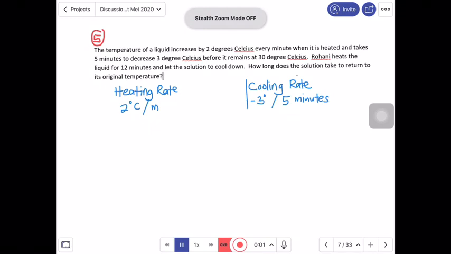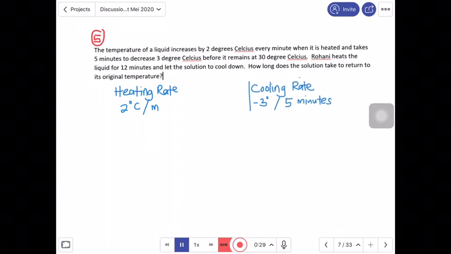Given in the question, the temperature increases 2 degrees Celsius every minute. It means the heating rate is 2 degrees Celsius per minute. And the cooling rate, it takes 5 minutes to decrease 3 degrees Celsius, meaning that the cooling rate is negative 3 degrees Celsius over 5 minutes.